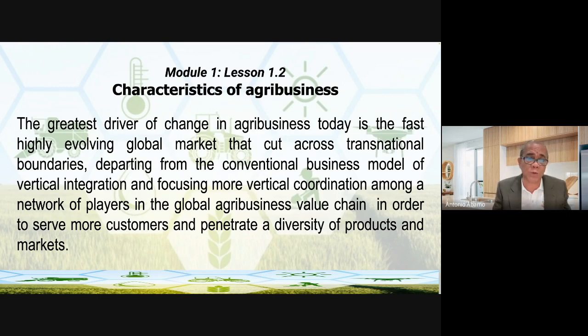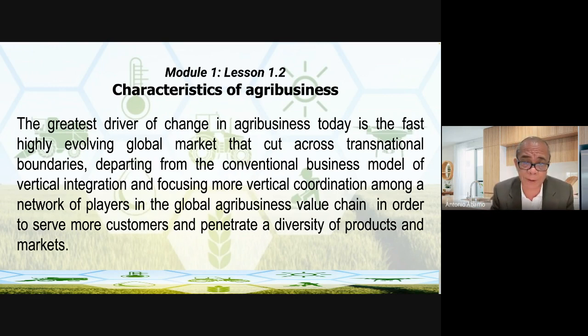So you have to be very quick. A traditionalist entrepreneur has no part in the ever-changing agribusiness. Remember, the fundamentals are the same, but tradition already has changed a lot. But the fundamentals of agribusiness remain the same.